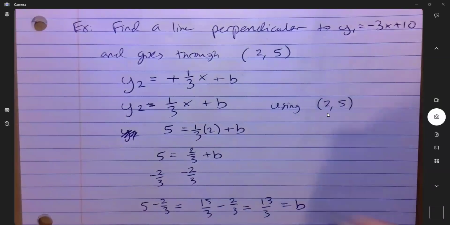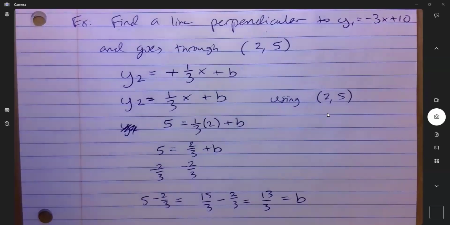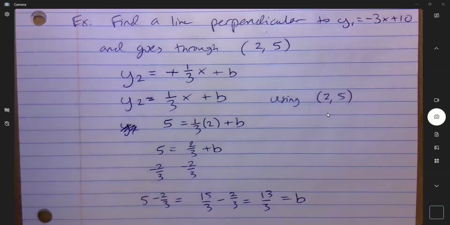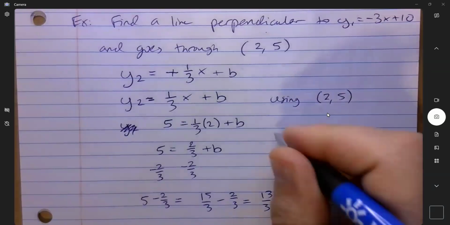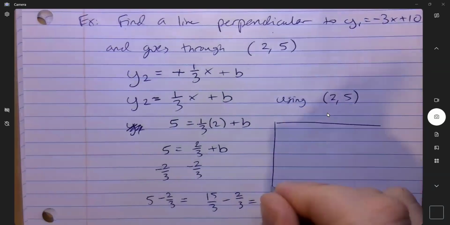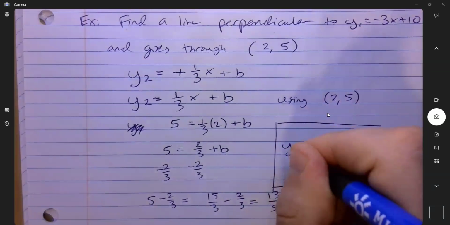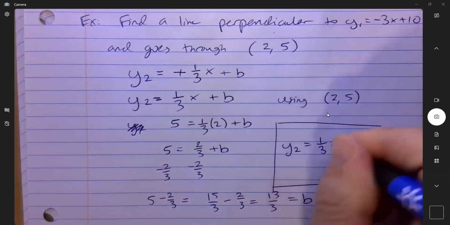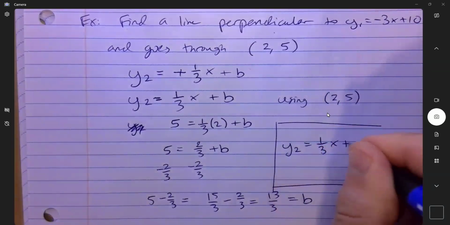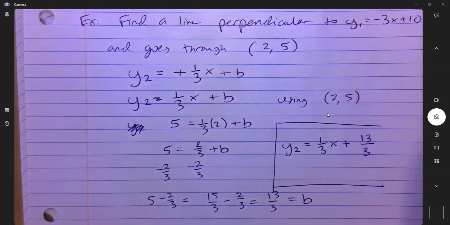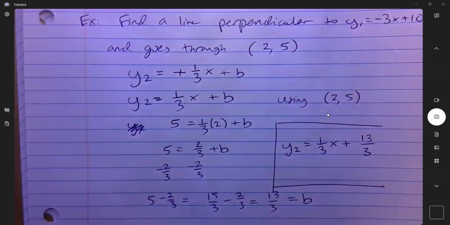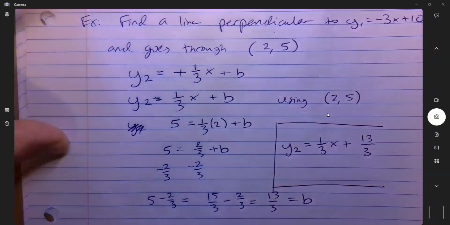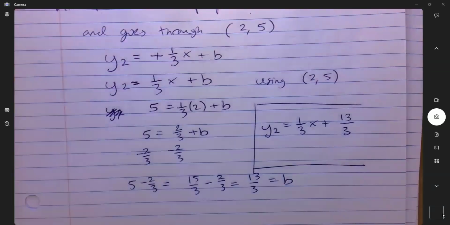And that is b. So my formula is y2 equals positive 1/3 x plus 13/3.